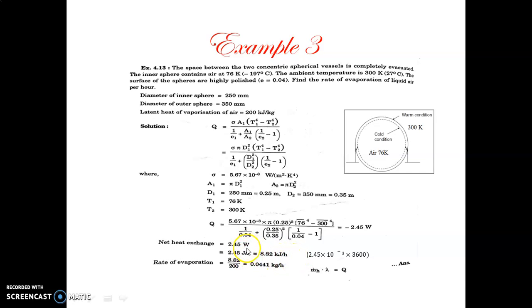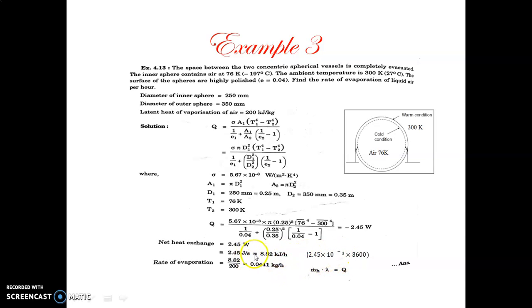So we know that watt is nothing but joules per second. We have to convert that joules per second into kilojoules per hour. For that purpose we multiply this value by 10 to the power minus 3, and again multiply by 3600 to convert seconds into hours.